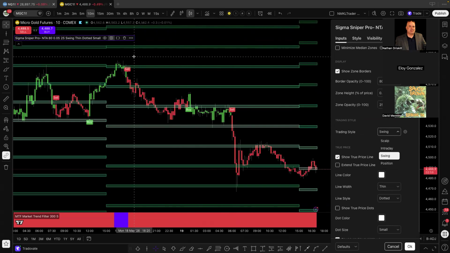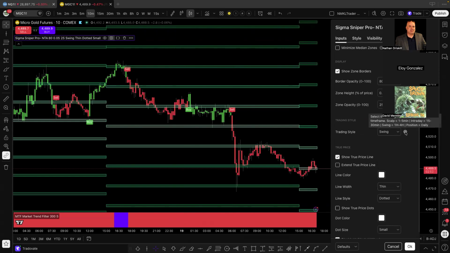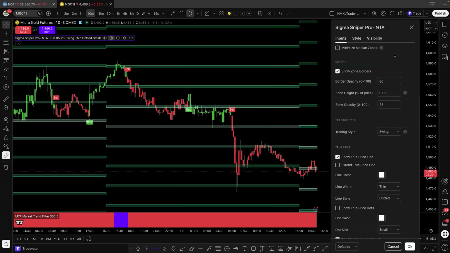I usually use a higher time frame than 10 minutes for that though. And if you ever want to get an idea of which one you should use, here's a little information button right next to the trading style that allows you to see what this is set up for. Okay. So that's some good information right there.